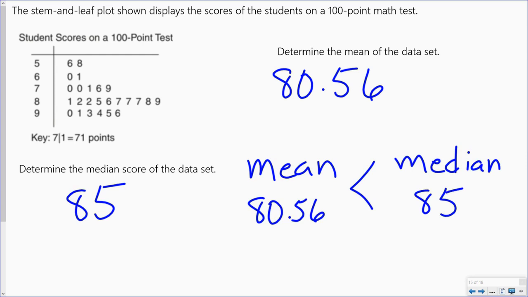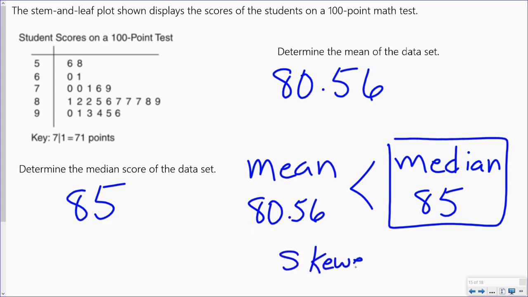And so in this case, my median would be a little bit better choice on here because it's going to represent more of the center because of my data being skewed left.